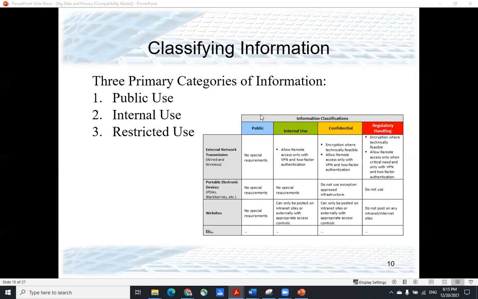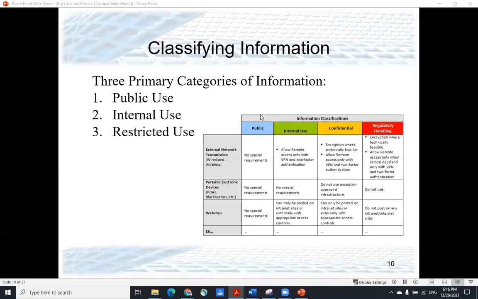So there is the classifying of information. There are three primary categories of information. You have public use, internal use, which is inside the organization, and then you have restricted. Restricted could be like a government organization that has a restriction on data so that only a few selected people have access to that data. So that's restricted, like secret, right, weapons and so on.